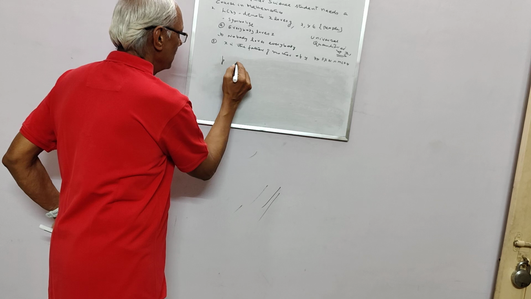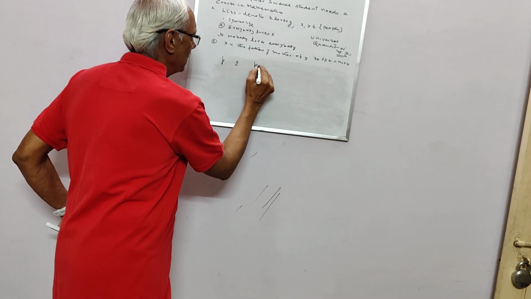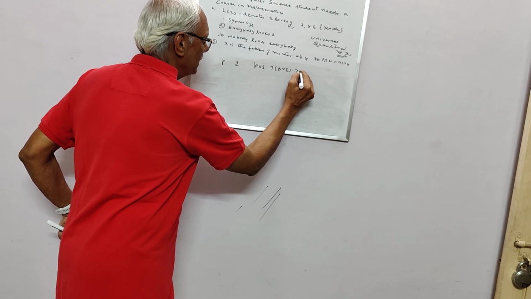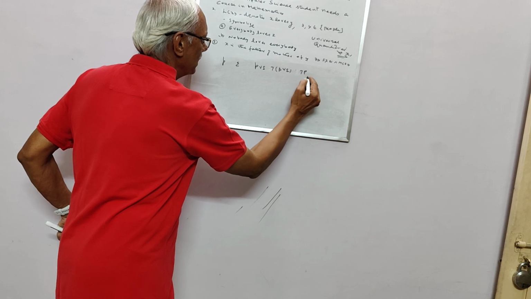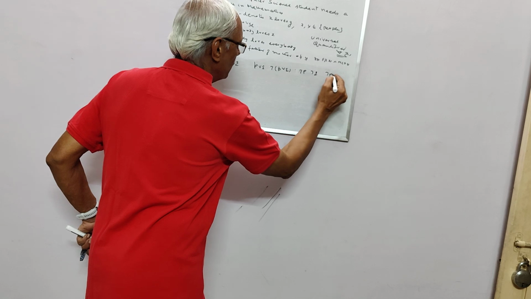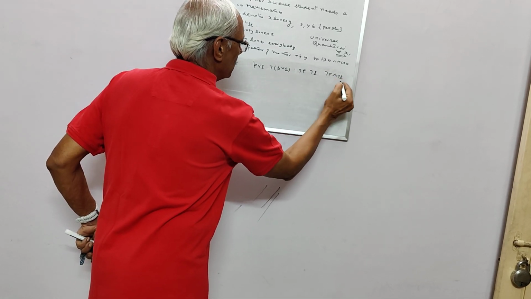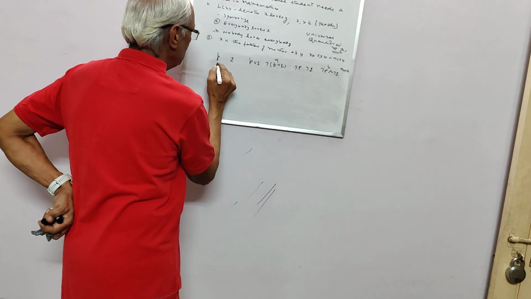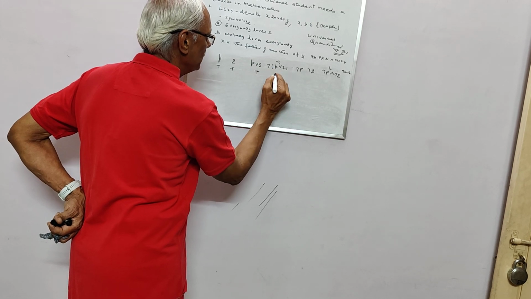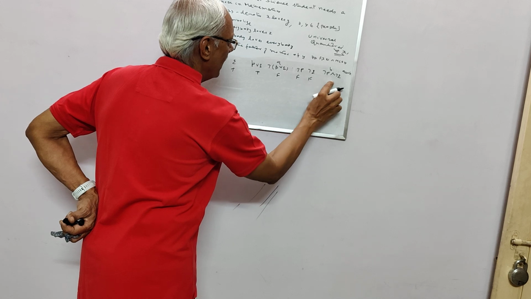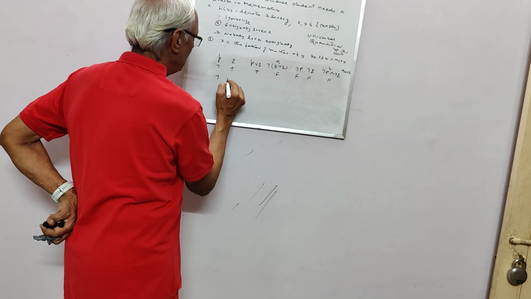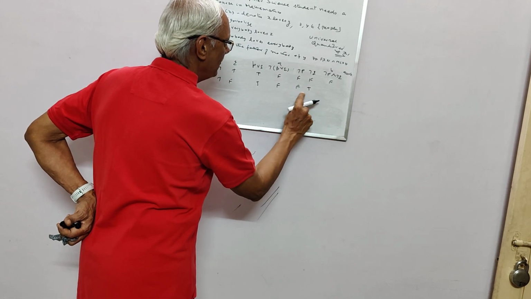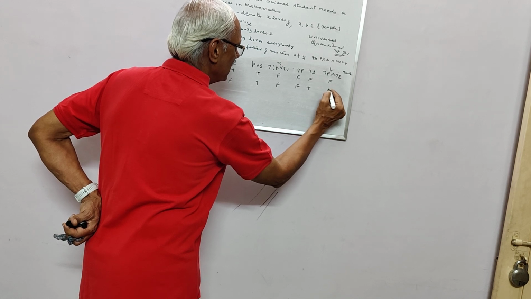For example, you take P, Q, then P union Q, negation of P, then negation Q, then negation of P conjunction Q, and the biconditional statement A with B. Now, if P is true, its negation is false, and F conjunction F is F. Then T, F, negation is F, and their conjunction is F only.